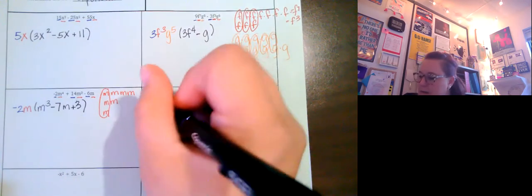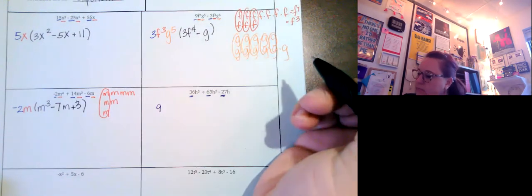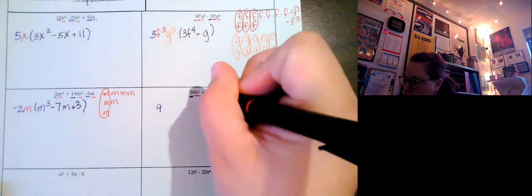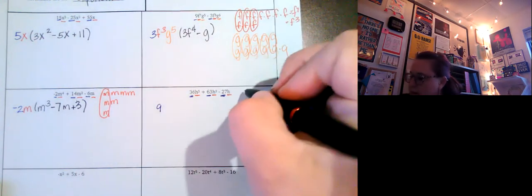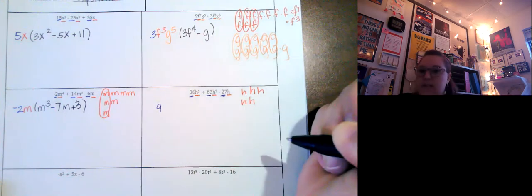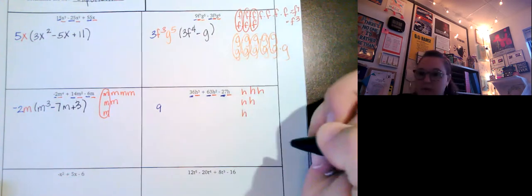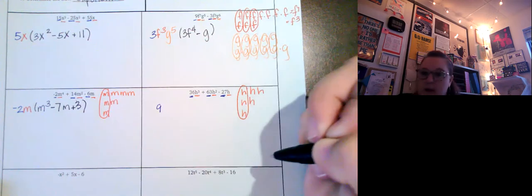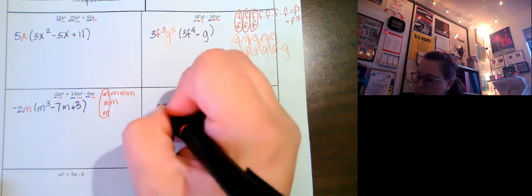So I'm going to factor out a 9. Now when I look at my variables, I have h to the 3rd, h to the 2nd, and h. So h, h, h for my first term, h, h for my second term, and then h for my third term. So again, I can factor out one of my h's.